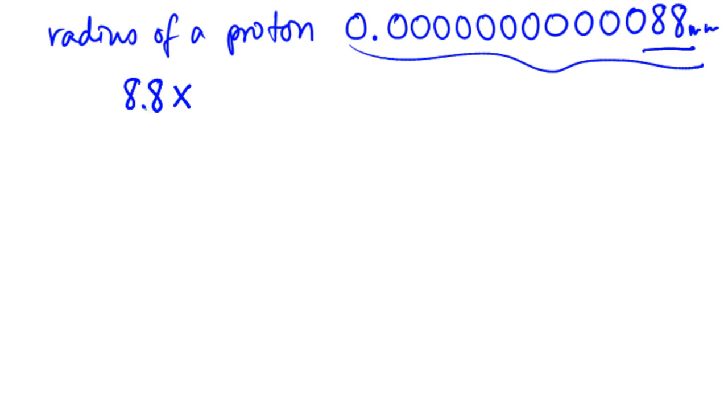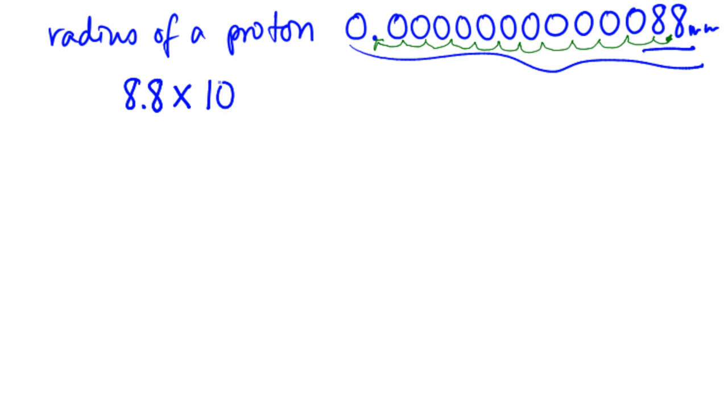If it starts at 8.8, so this is where we want the decimal place to end up when we write it in scientific notation, how many spots was that? Well, we can count them: 1, 2, 3, 4, 5, 6, 7, 8, 9, 10, 11, 12. That's 12 spots that it had to move over.